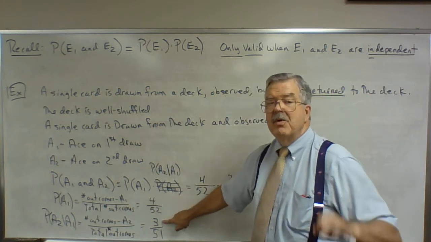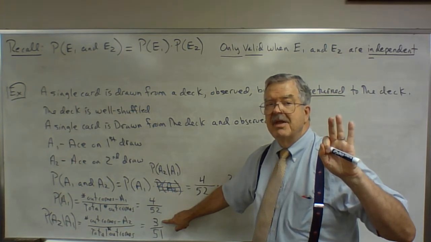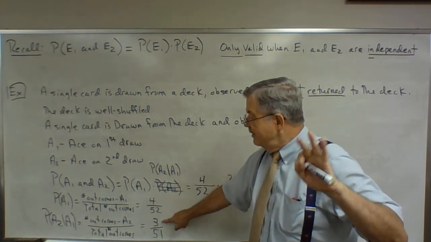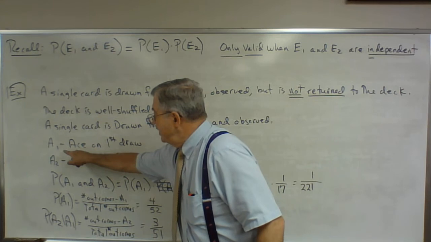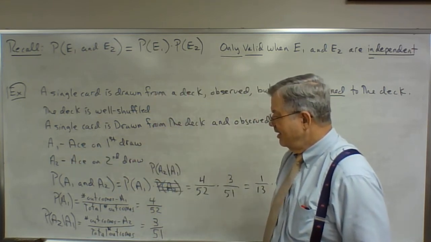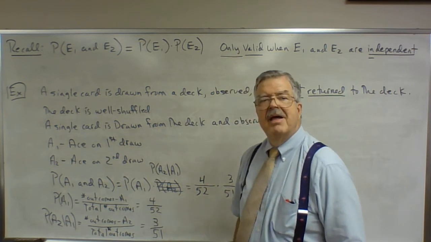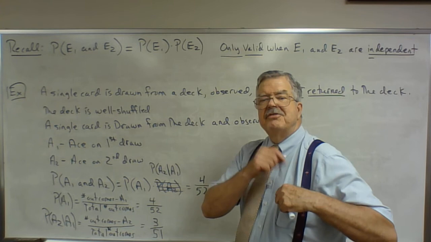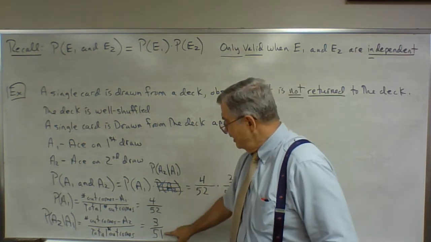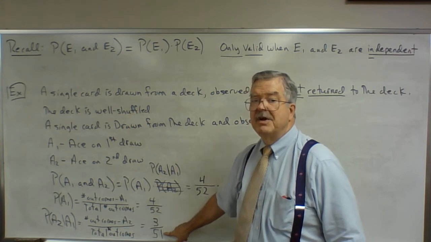We were assuming that we had already gotten an ace on the first draw. And we were also assuming that we took that first card and put it in our shirt pocket, so that when we drew the second card, there were only 51 cards in the deck.